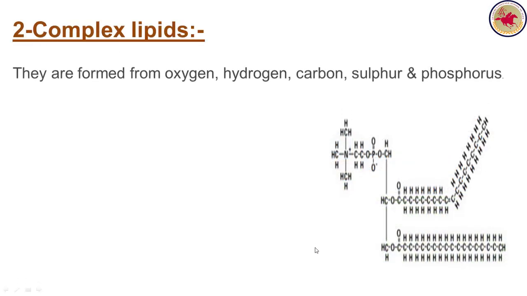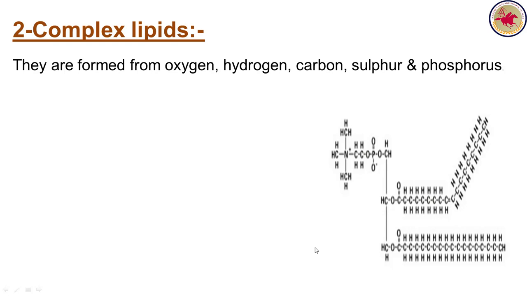Okay, complex lipids. By this shape, the longitudinal chain, this is glycerol and is linked with one fatty acid, a second fatty acid, and the third one replaced by two groups.